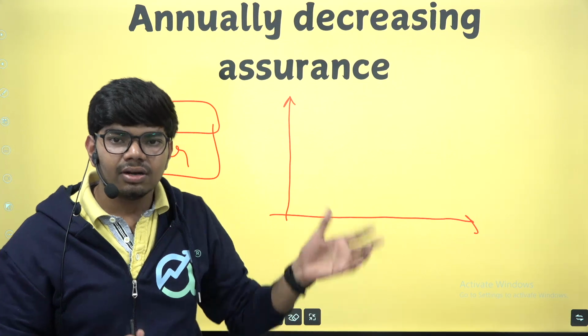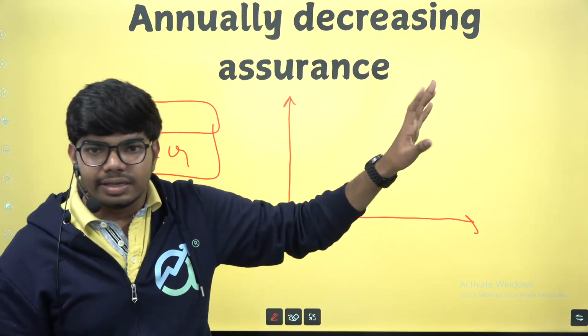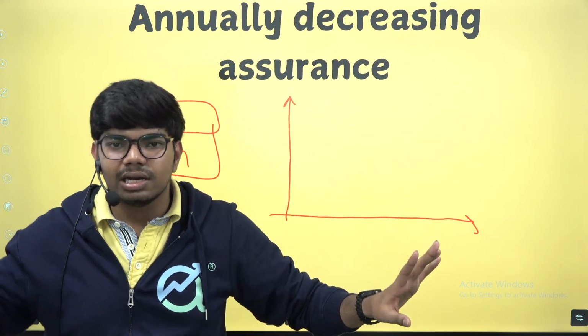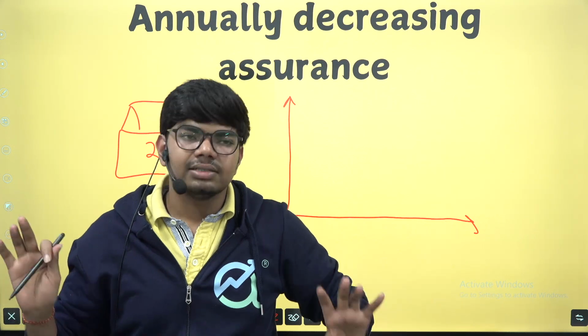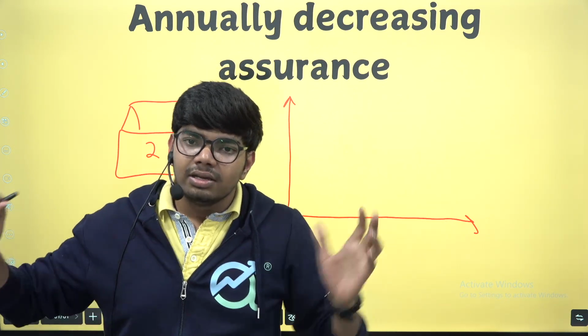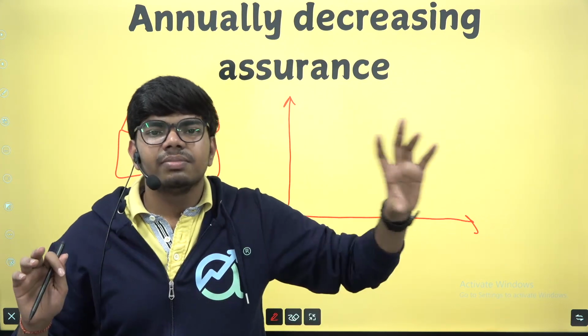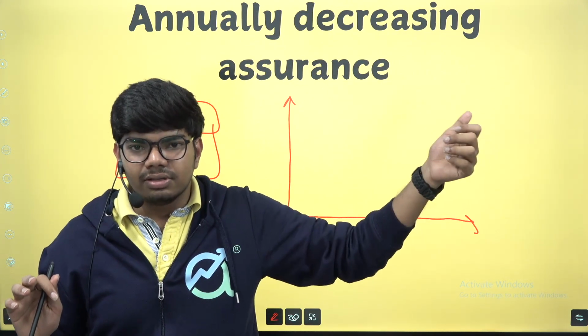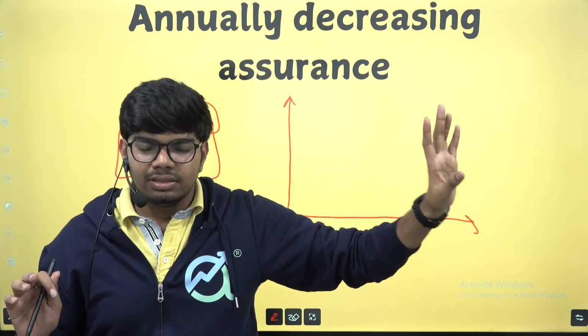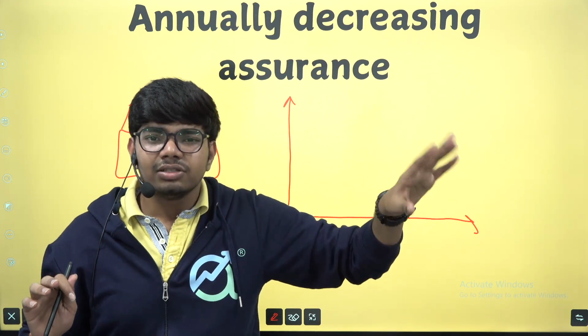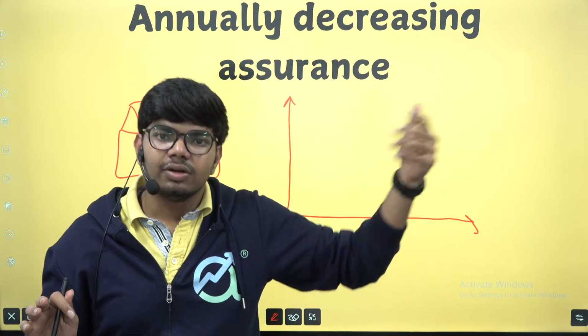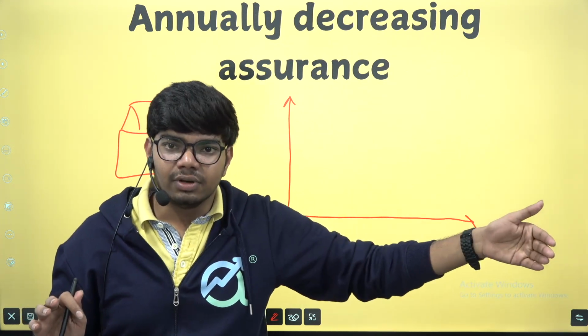The premium for an annually decreasing policy is much lower than the premium for a regular term assurance policy. If I were to buy a regular 2 crore policy, then the premium would certainly be very high. But if I were to purchase an annually decreasing policy, and that too from a bank, then the premium charge would be much lower, because the death benefit is gradually falling.